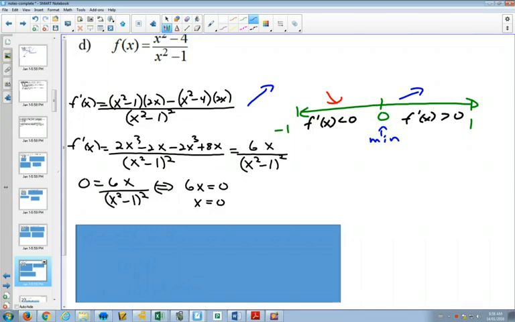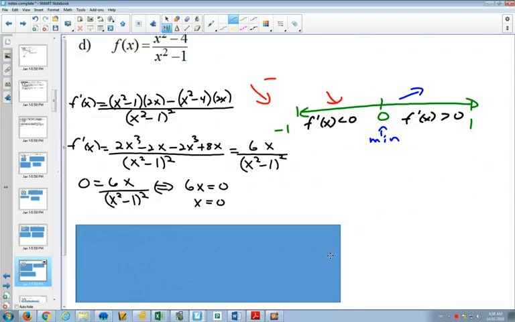And if you had chosen your test value in the wrong section, you could get a misleading value for our critical point at 0 and not find out that it's a minimum. Fortunately, in this case, if you had plugged in a value less than -1, it was still negative before that and decreasing in both of those parts.